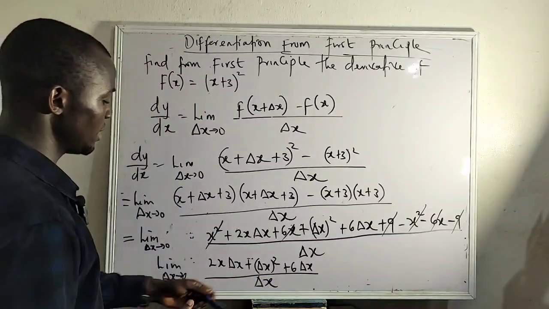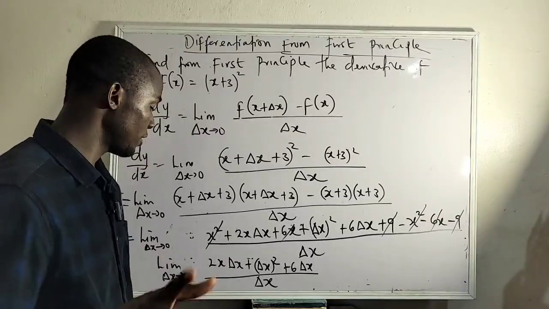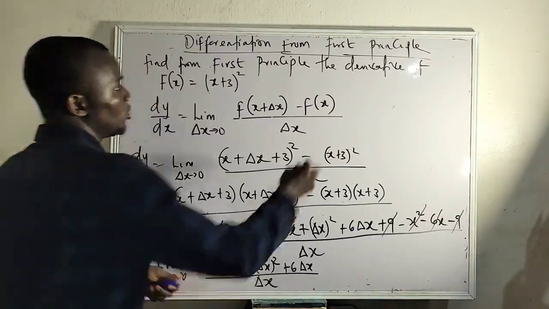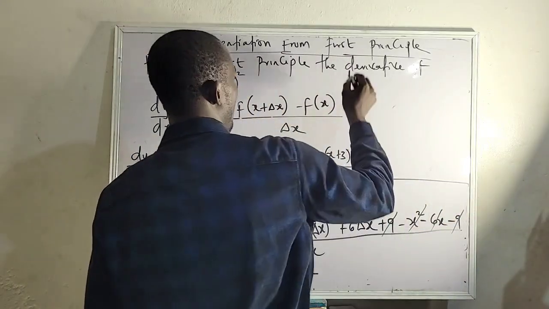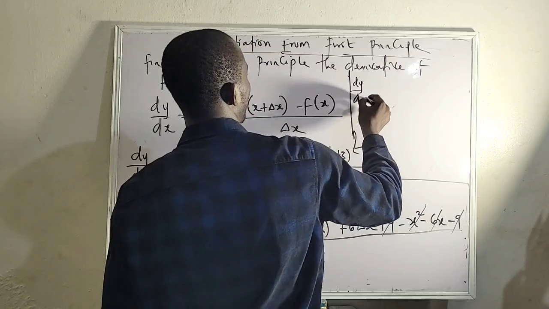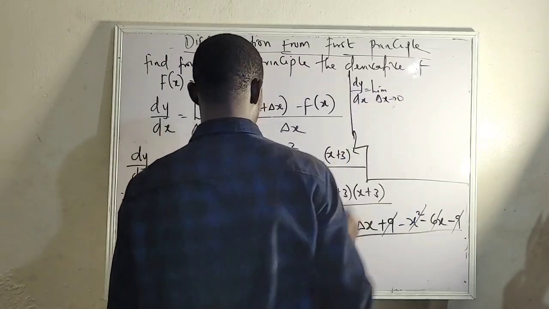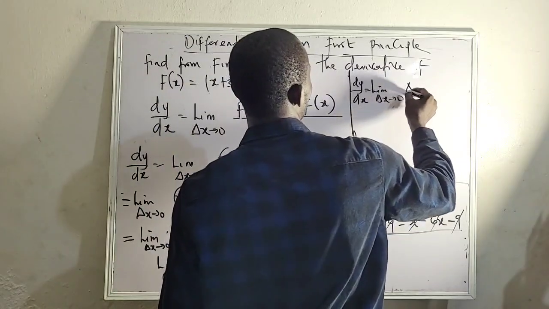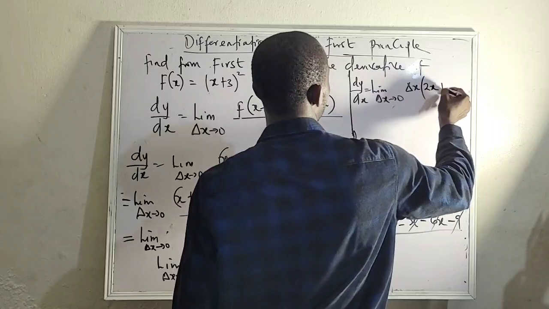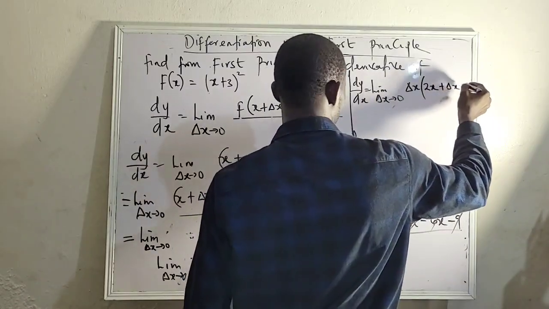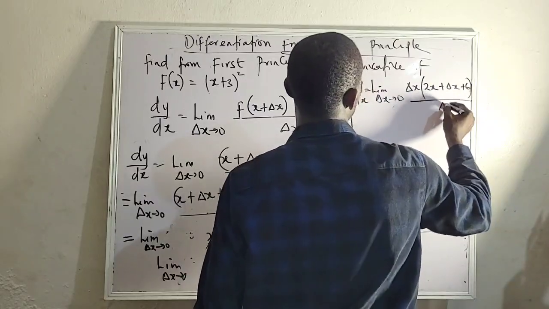You see, right there, I can factor out change in x. By the time I factor out change in x, I'm going to have this right here. My dy over dx will be equal to the limit as change in x goes to 0 of change in x times 2x plus change in x plus 6, divided by change in x.